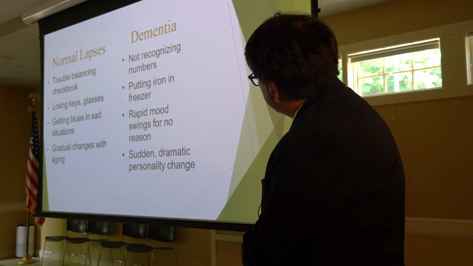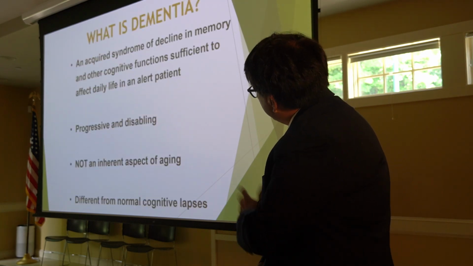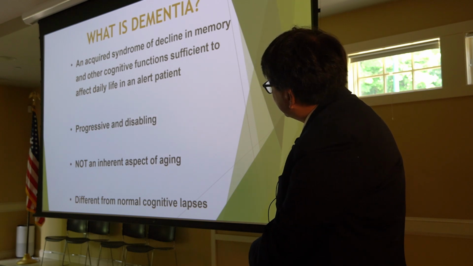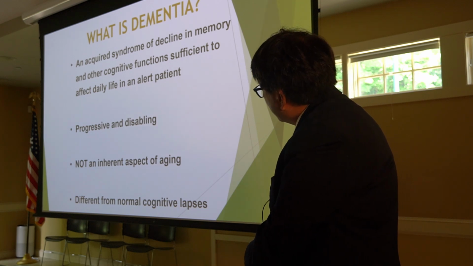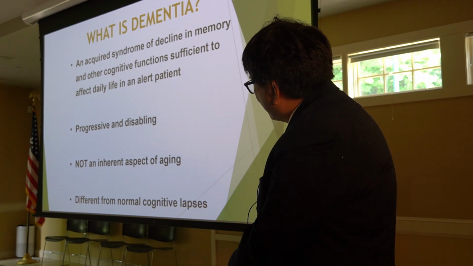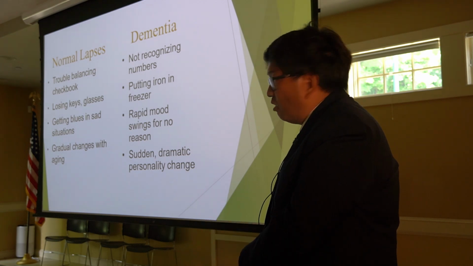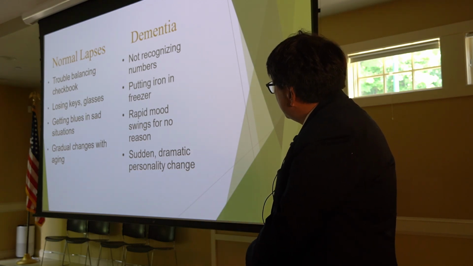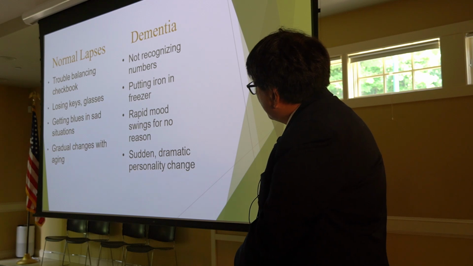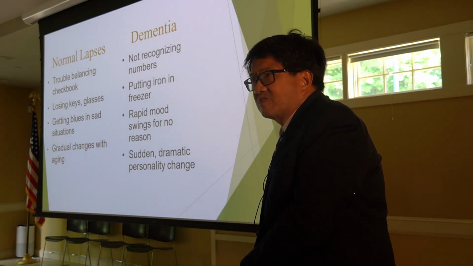So, this is just another slide telling you what it is. It's progressive and disabling, and it's different from normal cognitive lapses, which I call normal lapses as we get older. Everybody becomes a little bit slower.